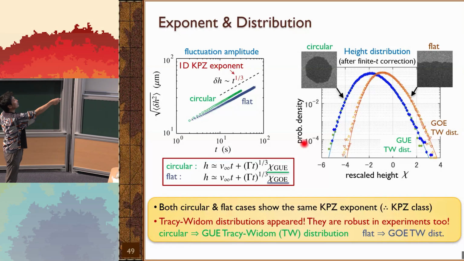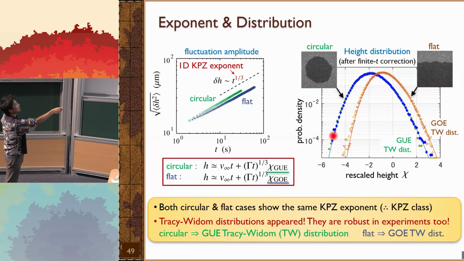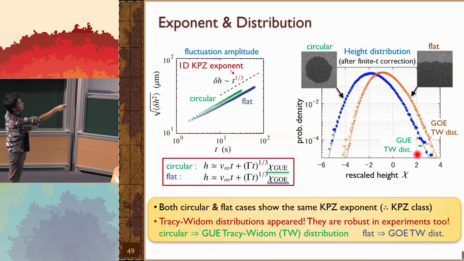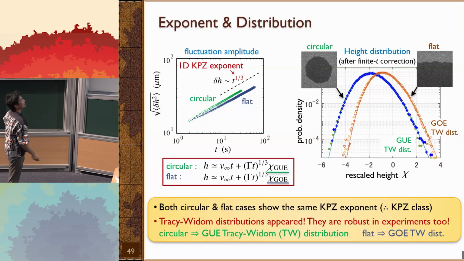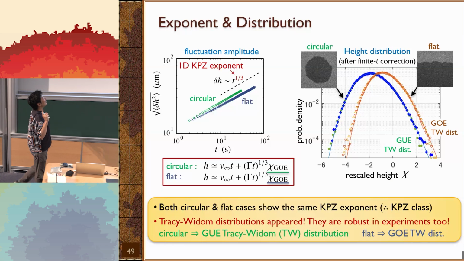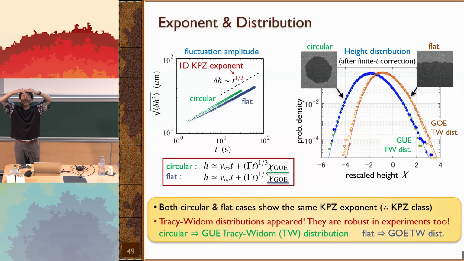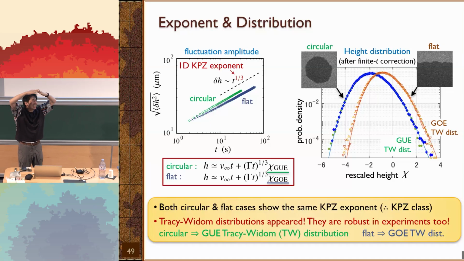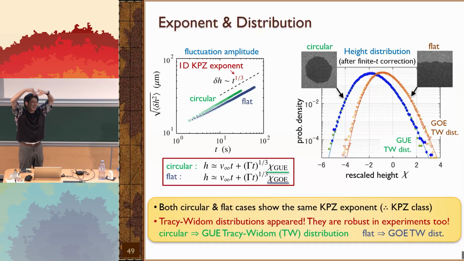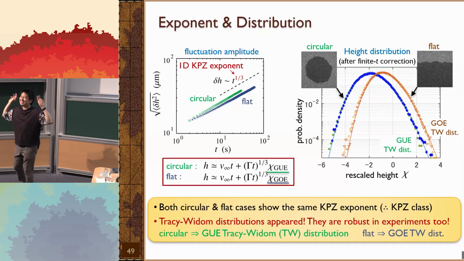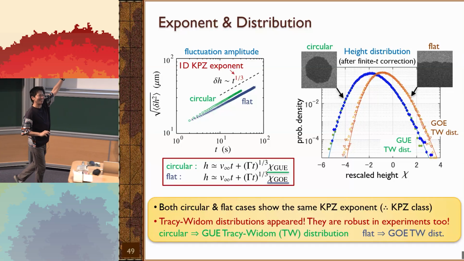Okay, so circular and flat interfaces indeed show different distributions. The circular case is the GUE Tracy-Widom distribution. The flat case is the GOE Tracy-Widom distribution. I'll tell you one story. When I did experiments, I didn't believe these exact results, because circular interfaces become flatter and flatter as time elapses. It looks really like flat interfaces if your time is large enough. So from my physical intuition at that time, it must not show different distributions.